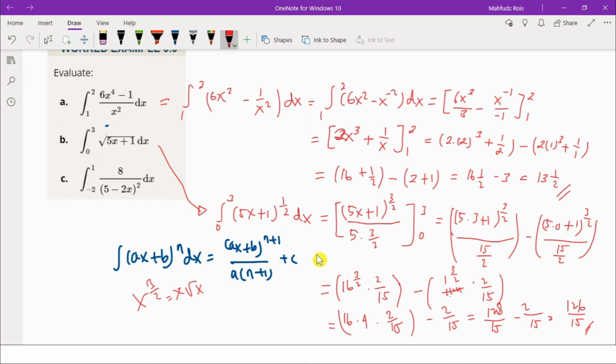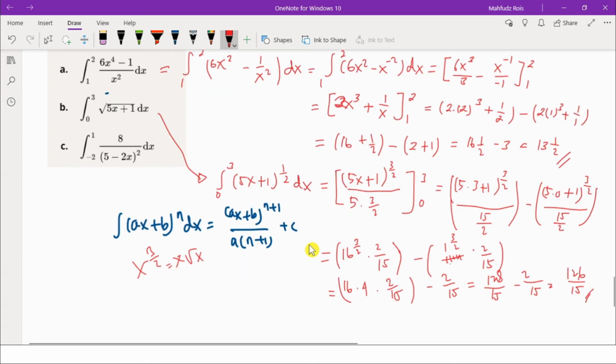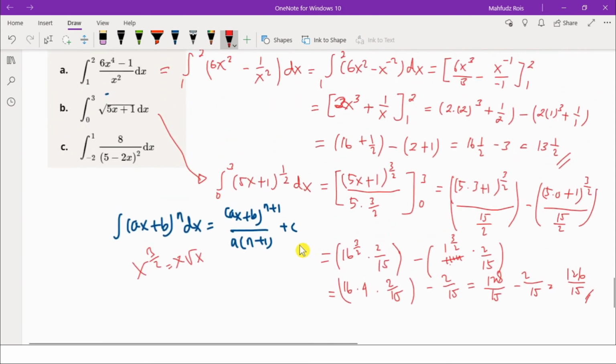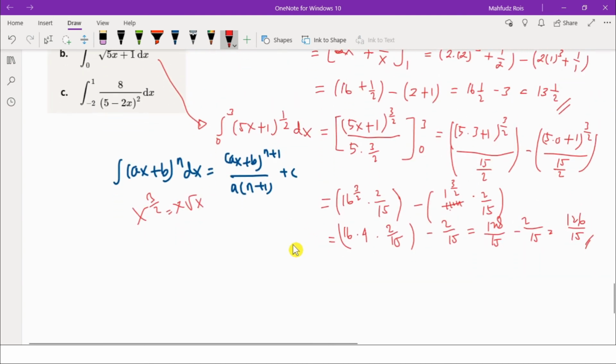Okay, so this is the solution of number B. And how about C? For C here, let's see, we can just write down.